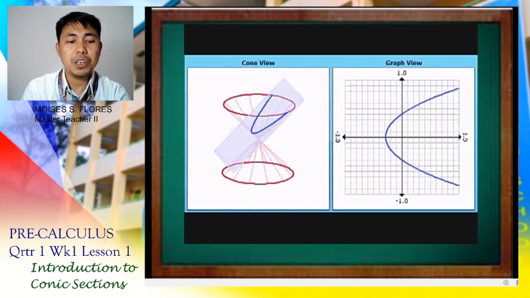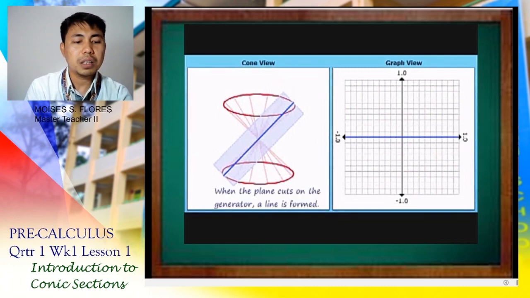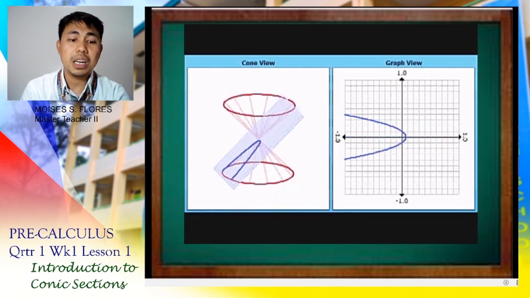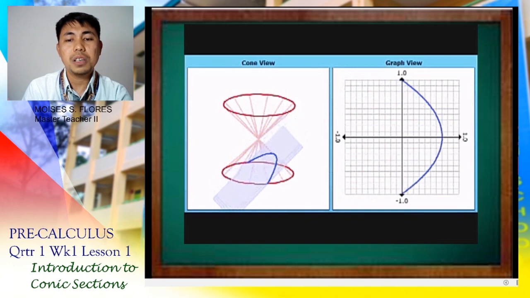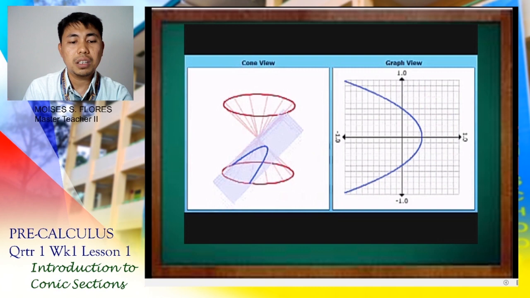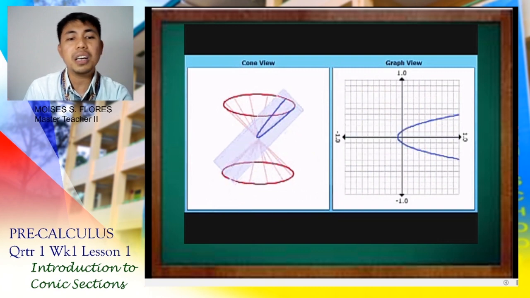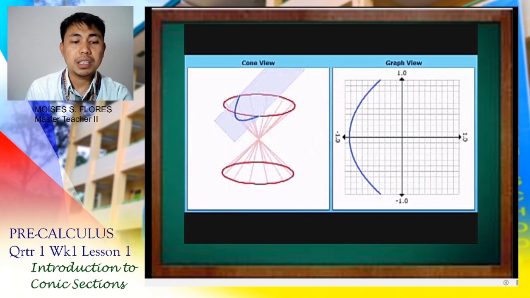There you have the figure, and its shape is of course a parabola. Notice that it would also degenerate into a line. As you notice, there you have the graph as the plane continually moves. Again, the degenerate case of the parabola is a straight line.